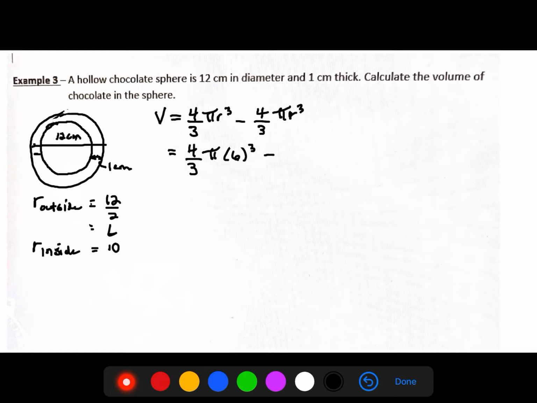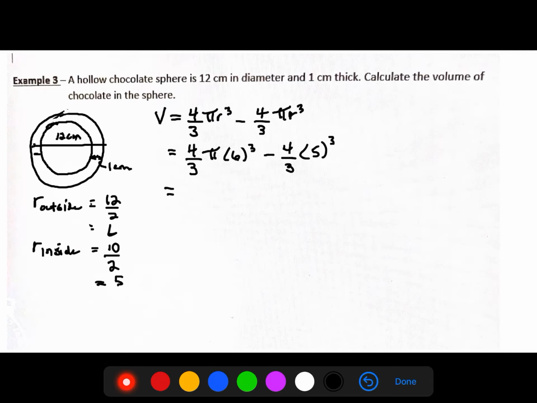On the inside, we have to remember that we have 1 inch of chocolate on either side, which means that we're going to have 10 inches in diameter on the middle, which again we have to divide by 2, and we're going to get 5. So the radius of the big sphere is 6, radius of the inside sphere is 5.